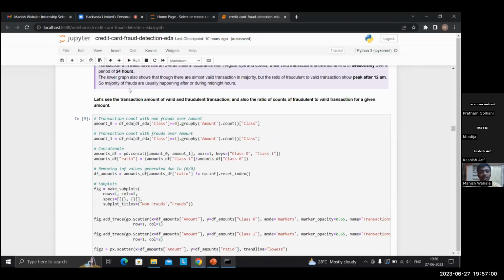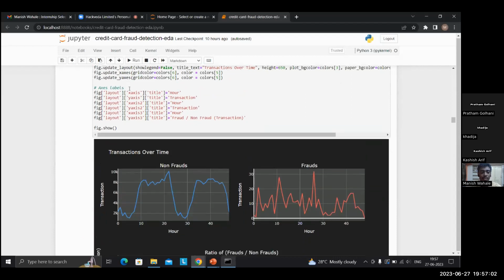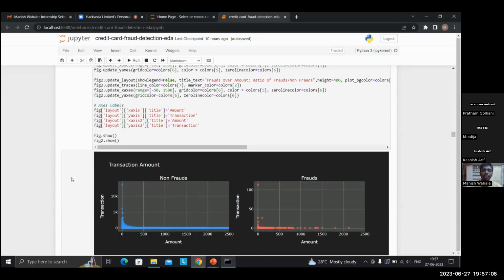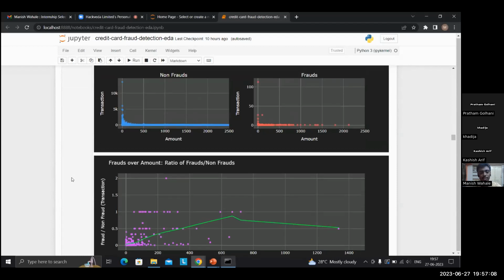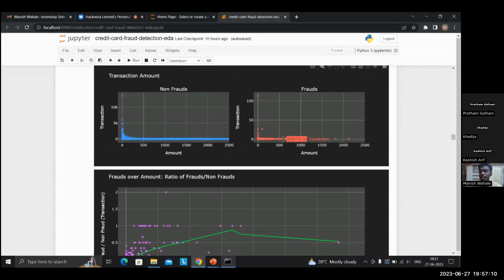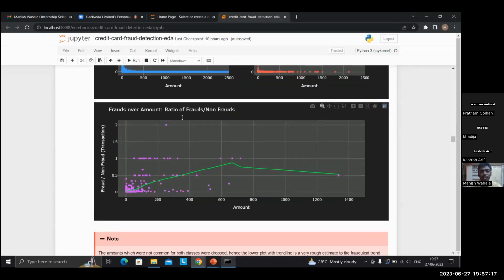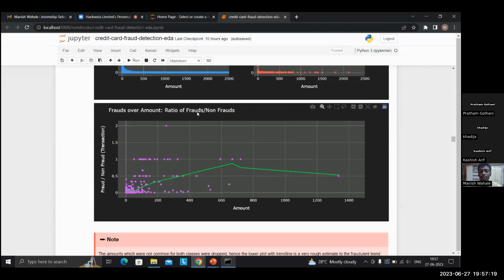Just like we have seen the time feature correlation, we'll also see how amount affects the classes. From this graph, it seems that there is no direct or indirect correlation. And also from this ratio, the ratio of the counts of fraudulent to non-fraudulent transactions for a certain amount, I have plotted a scatter plot along with a trend line.